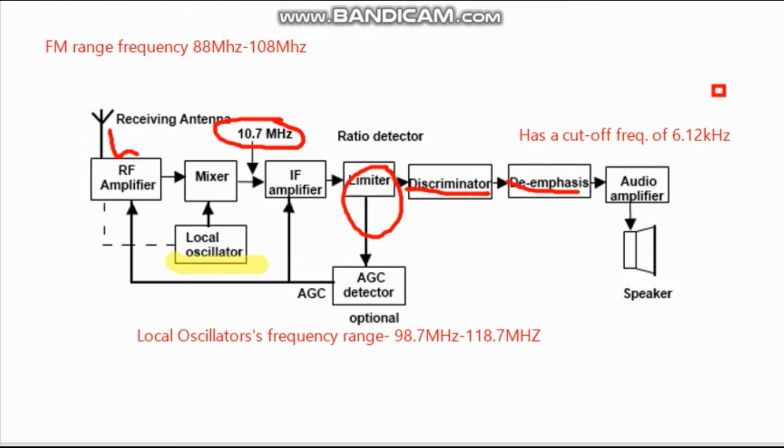So, in summary of the process that we have in Super Heterodyne FM Receiver. First, the RF amplifier amplifies the voltage signal intercepted coming from the antenna, and then the RF amplifier is in tune with the local oscillator, which has the frequency of 98.7 MHz to 118.7 MHz.